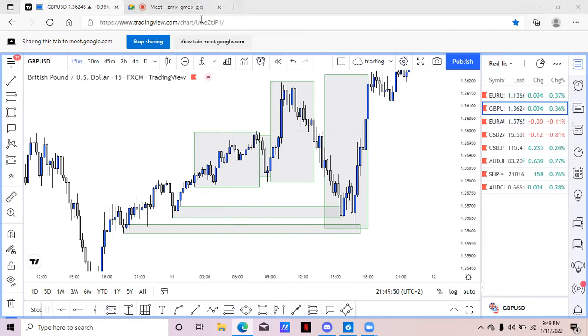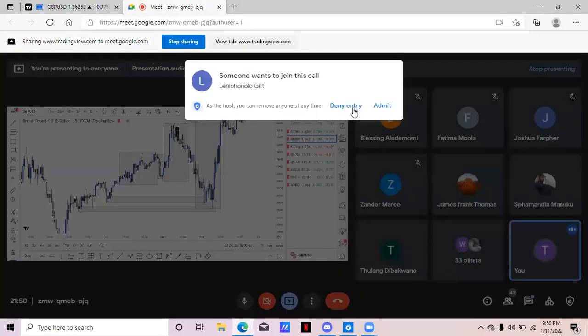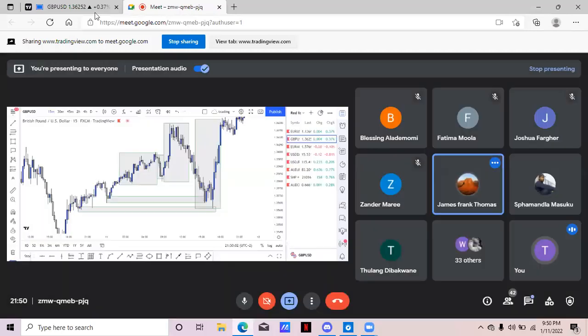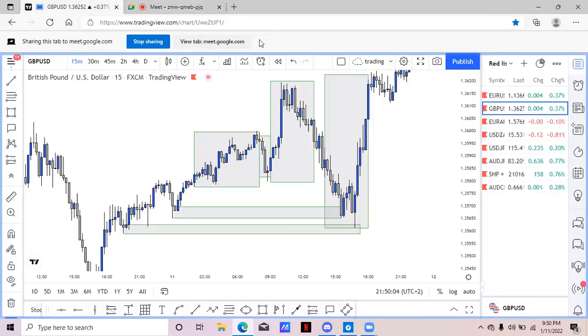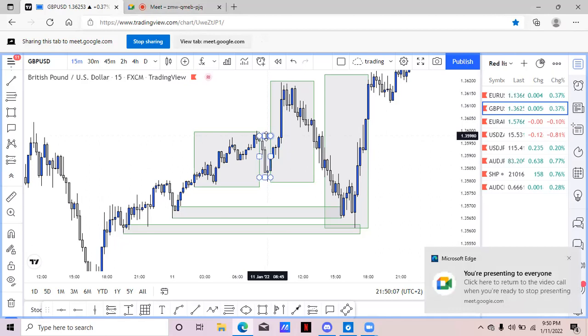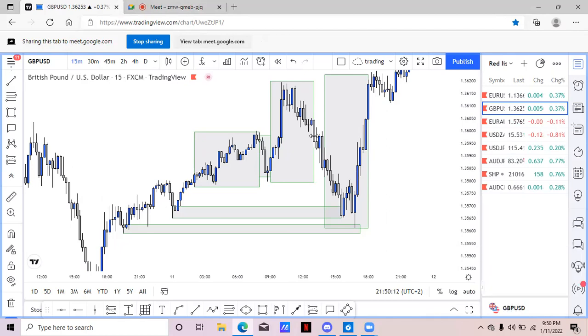You get it? Like you remember the other day I said yesterday's order block, so most of the time we have to focus on the order block that was made yesterday on a lower time frame, and then we get to push the market to the upside or to the downside with it.